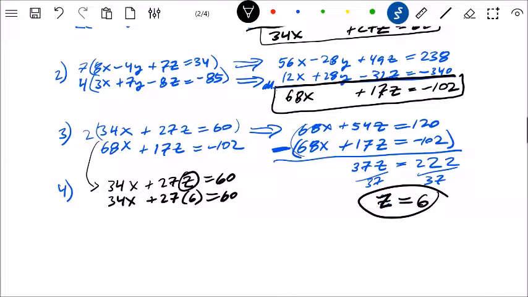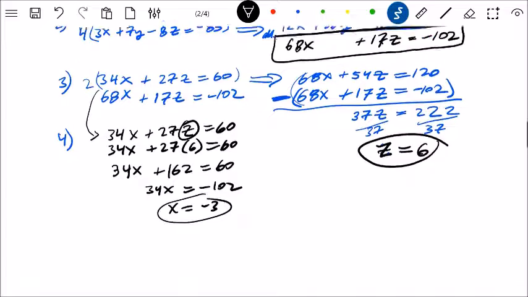Okay. So we get 34x plus 162 equals 60. 34x equals negative 102. X is equal to negative 3. Because 34 times negative 3 will give you negative 102.